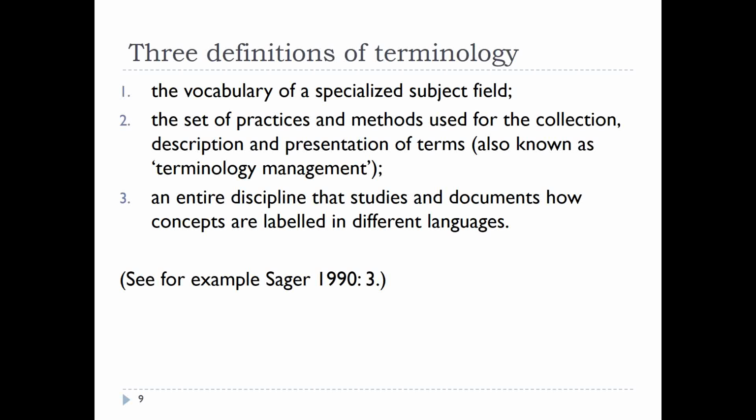And this is known as terminology management. And there'll be more on terminology management next week. Finally, terminology can actually refer to an entire discipline that exists for the purpose of studying and documenting how terms are labeled, maybe in one single language or more frequently across a number of languages.